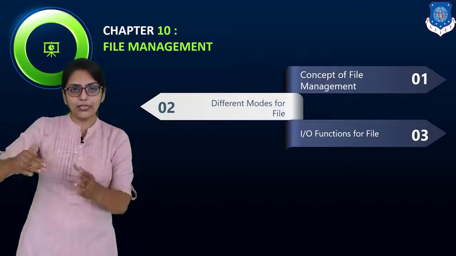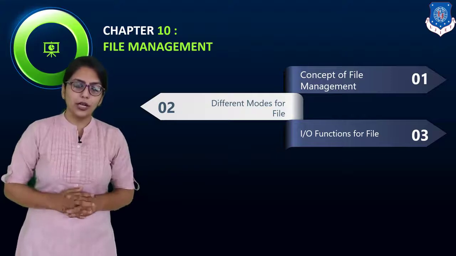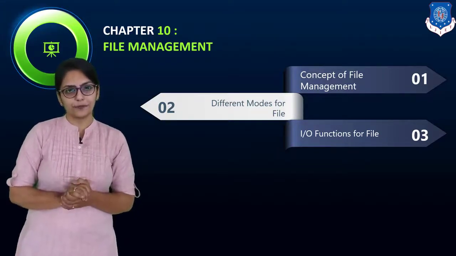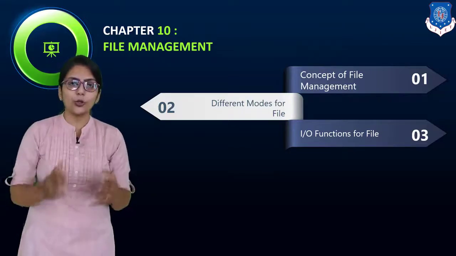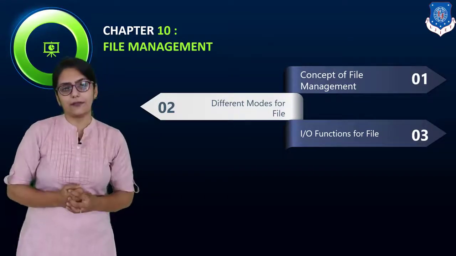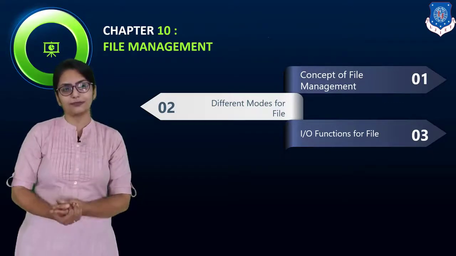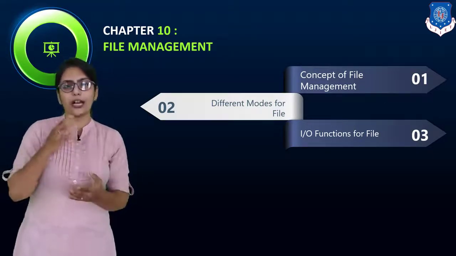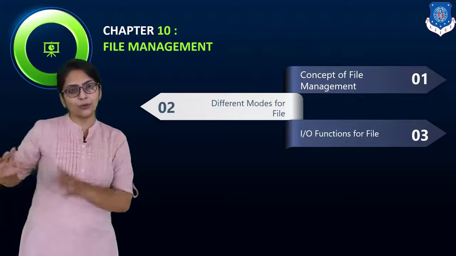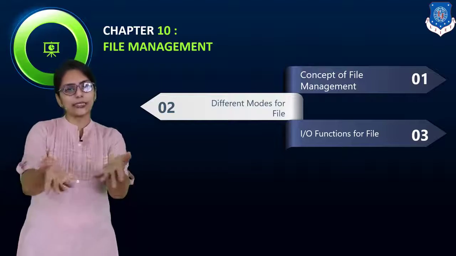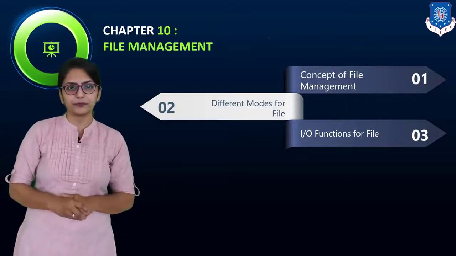What if I want to add some lines in my file not by typing on the keyboard, but by writing code? What if I want to print my program itself in a file? What if I want to delete? What if I want to close the file? All of these operations can be obtained using programming. And how we can obtain this using C programming, we are going to see in the chapter.